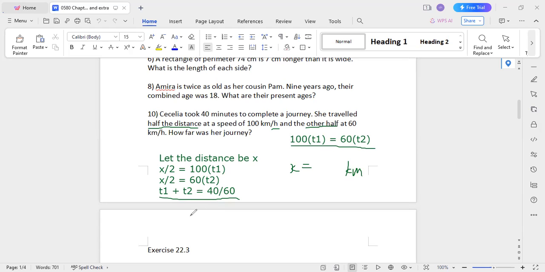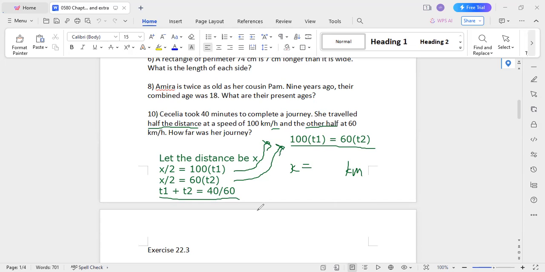Half distance and speed. We let 100 t1 equal 60 t2, the time 1 and the time 2. So when you add the times together, it becomes 2/3 of an hour.